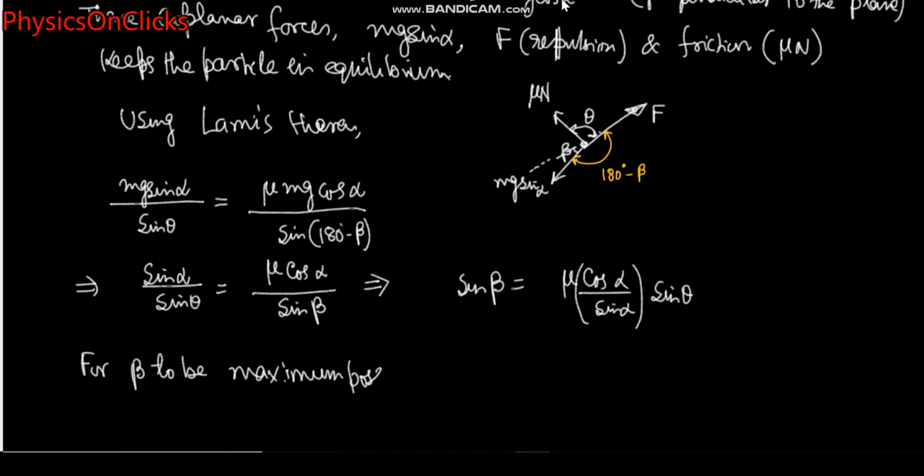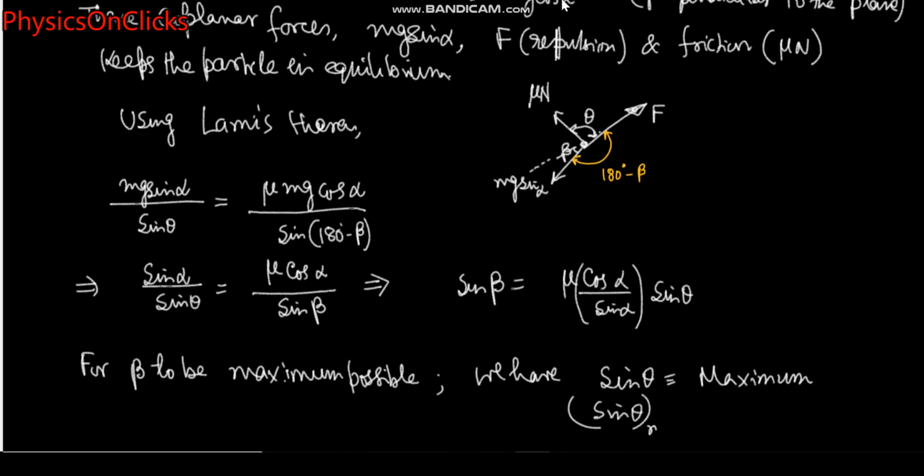For beta to be maximum possible, we need sine theta to be maximum, and the maximum value of sine theta is equal to 1.